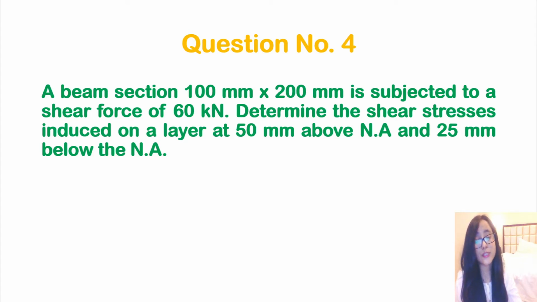So यहाँ पर particular point दिया है, वहाँ पर हमें particularly those layers we need to find shear stresses induced. So let us see how we can find the shear stresses at those particular layers. So let us get started. Let's solve the fourth numerical.